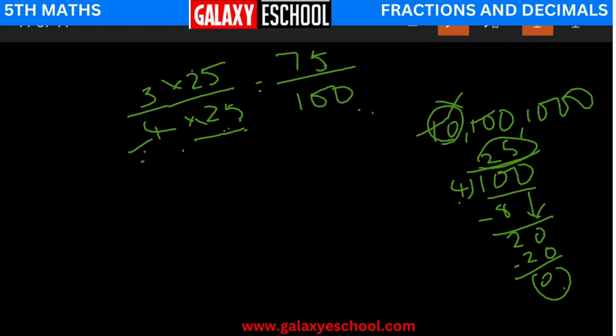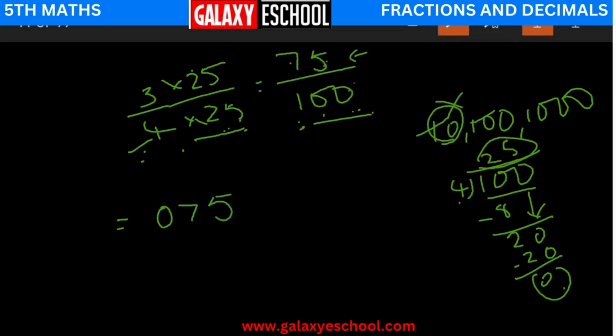Now we all know how to convert this into a decimal number, right? 75 by 100. In the numerator, we have only 2 digits, but in the denominator, we have 3 digits. So for the third digit, we'll place a 0 to the left.